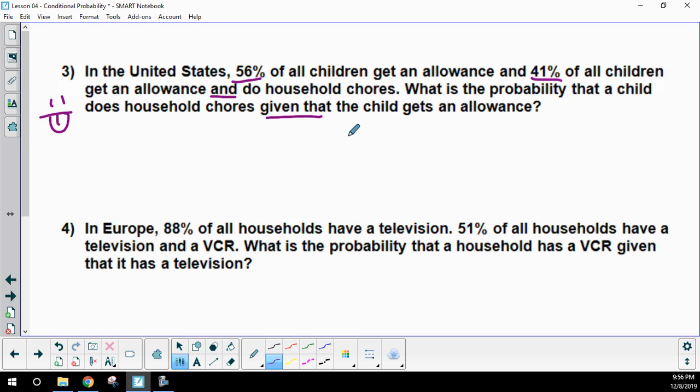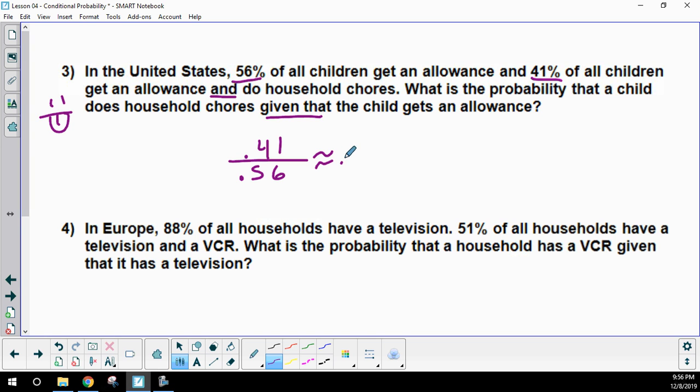So allowance on the bottom, 56. And allowance and chores, 41%. Using my handy dandy calculator, 0.41 divided by 0.56, and I got 0.73. 0.73.